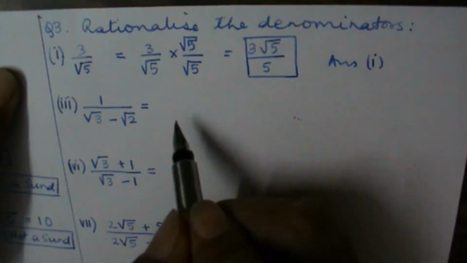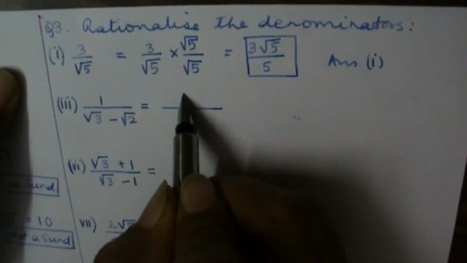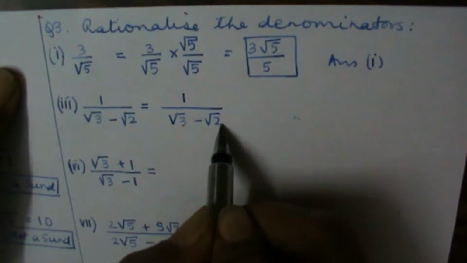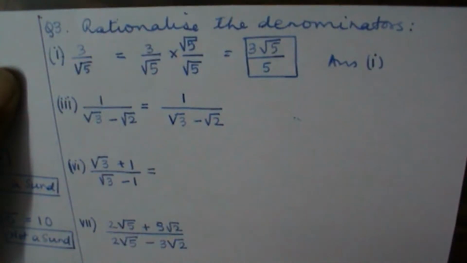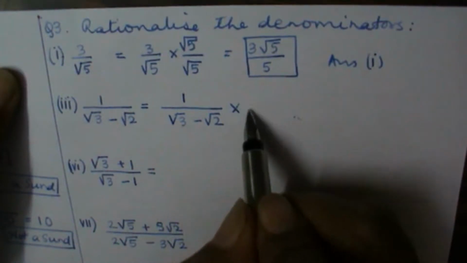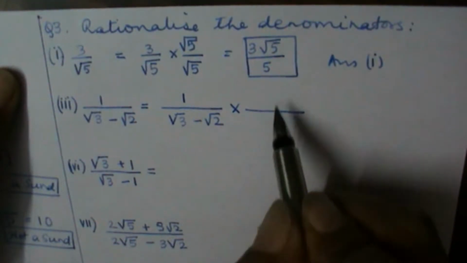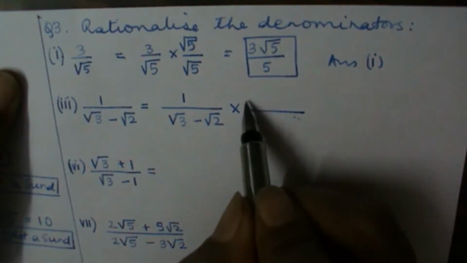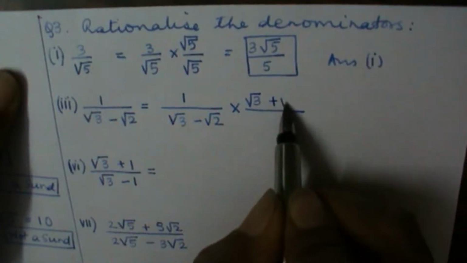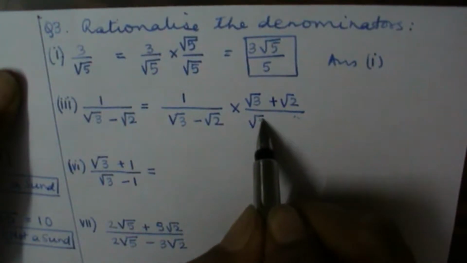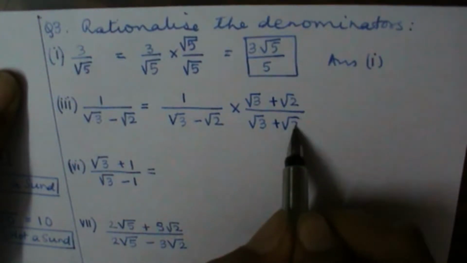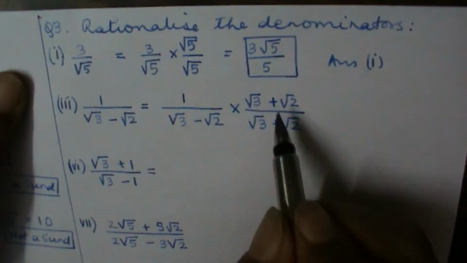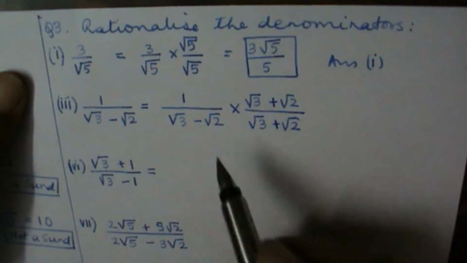We come to the third one. Now, out here, a given fraction is 1 upon root 3 minus root 2. And so, you will again multiply and divide by the rationalizing factor of this. So, it will have to be root 3 plus root 2 in the numerator and the denominator.